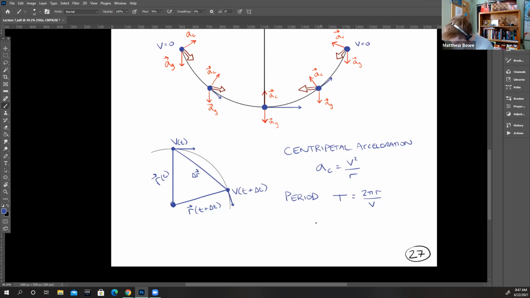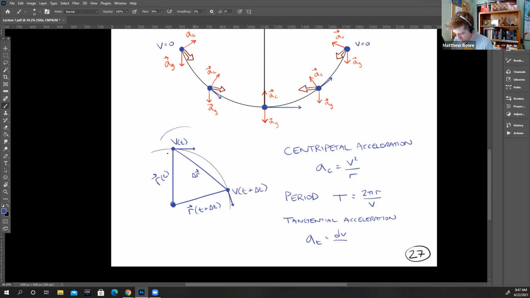And finally, I believe we've already sort of covered this. I'm just including it here. Tangential acceleration. That, of course, we'll just say a_t, is that infinitesimal slice of velocity.